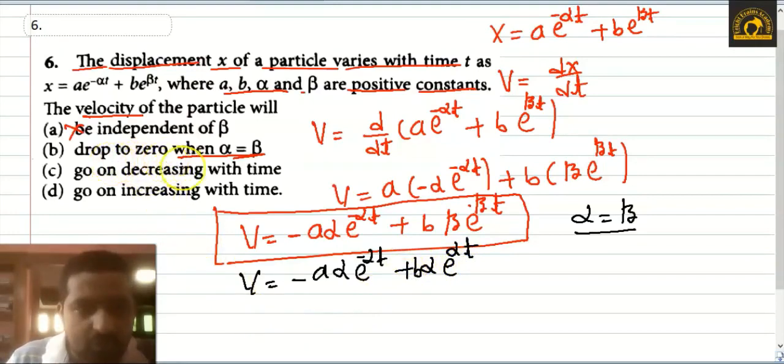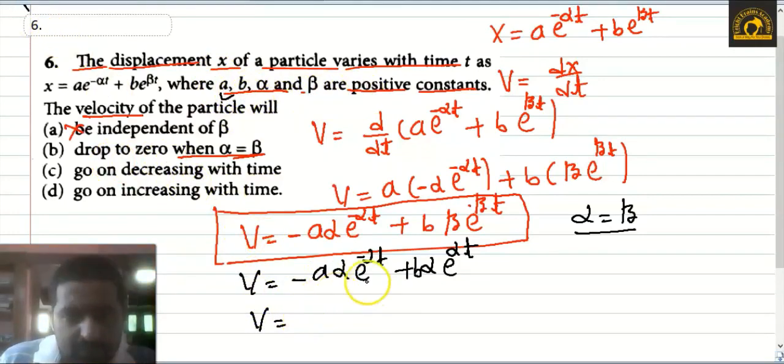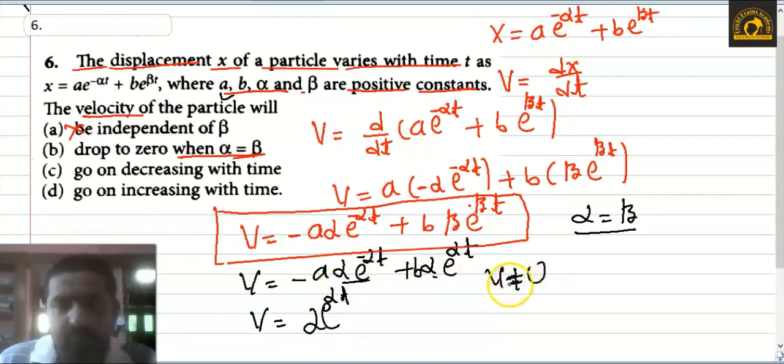Does it drop to 0? a and b are constants, so alpha e to the power of alpha t is constant. The remaining velocity is not equivalent to 0. That means this is also a wrong statement.